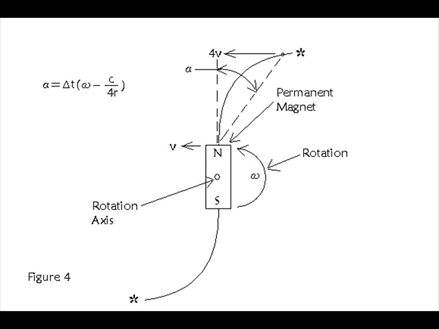The equation of this line is alpha equals delta t times the quantity omega minus c over r, where alpha is the angle to the position of the curved magnetic field line, and delta t is the amount of time that has passed after the magnet had rotated into position.